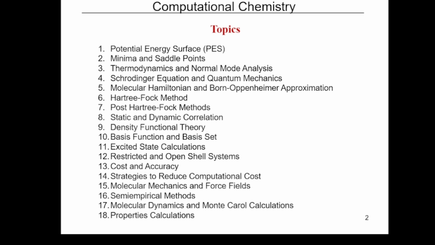Then we will have a look at the strategies to reduce the computational cost. And then we will move on to molecular mechanics and force field, then semi-empirical methods, molecular dynamics, and Monte Carlo calculations. And finally, I will give you an overview of the properties calculation that can be done with computational chemistry.